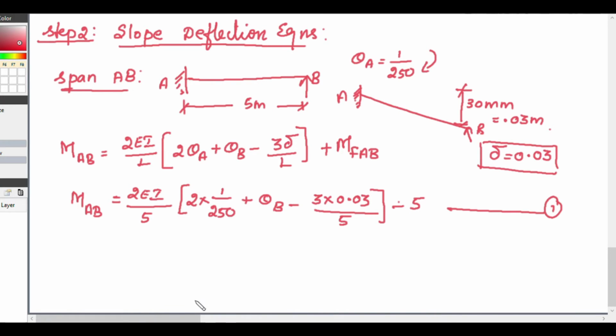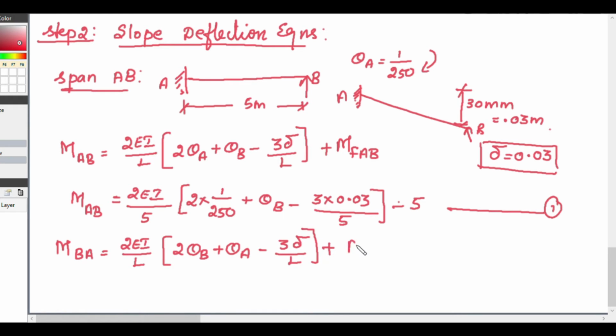Now similarly, we will find what is MBA. Our MBA will be equal to, the formula is 2EI by L into 2 theta B plus theta A minus 3 delta by L plus MFBA.